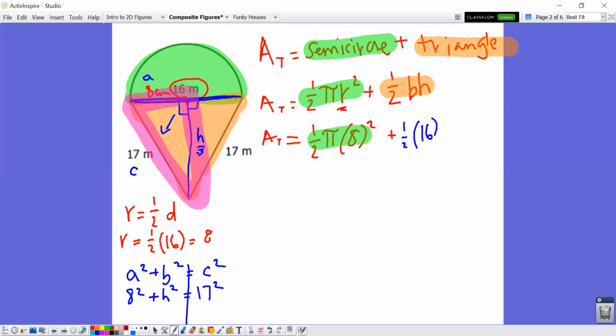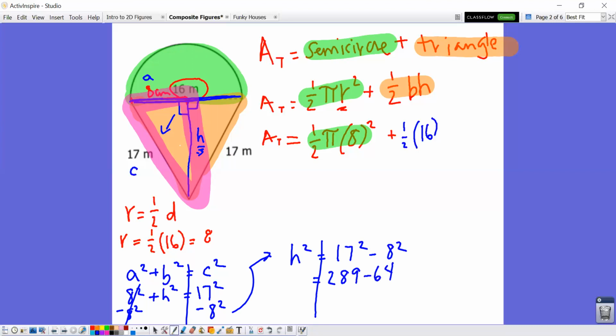Well, our goal is to get H by itself. These cancel. Now I have H squared equals 17 squared minus 8 squared. We don't want to combine them once they've got those squares on them. 289 minus 64 is 225.